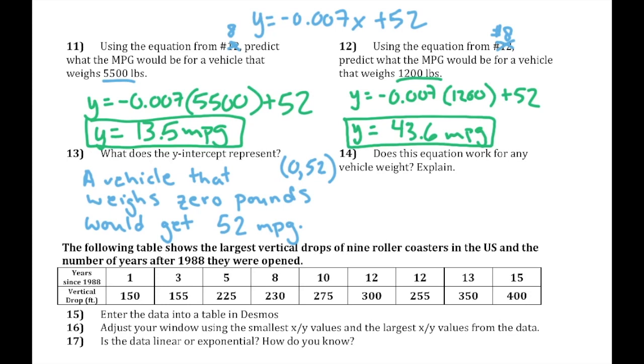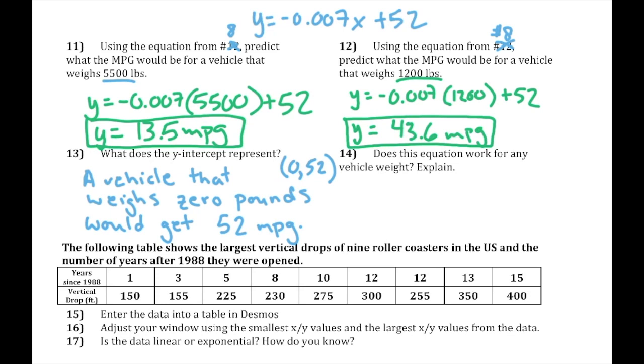On number 14, we're going to ask the question, does this equation work for any vehicle weight? And we can say right there that there's an issue. This is not going to work in the case of a vehicle weight of 0 pounds. Now that doesn't exactly answer the question of number 14. It says, does this equation work for any vehicle weight?